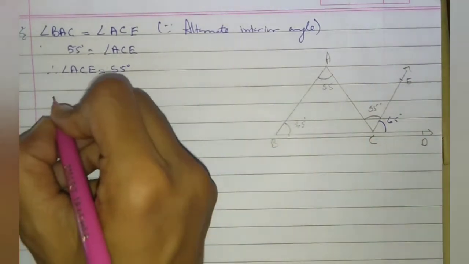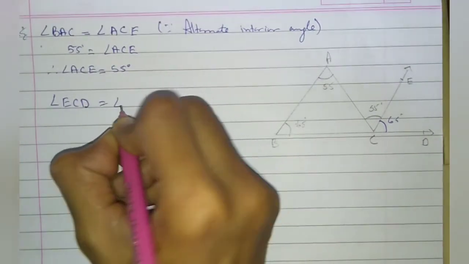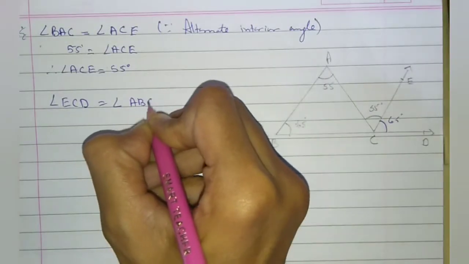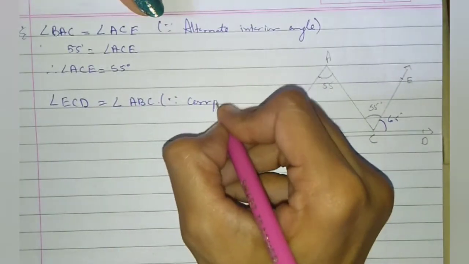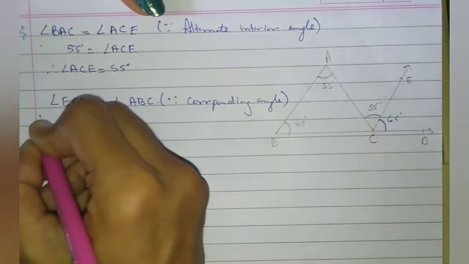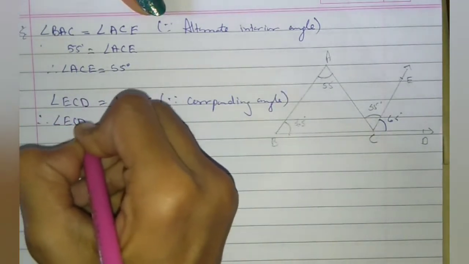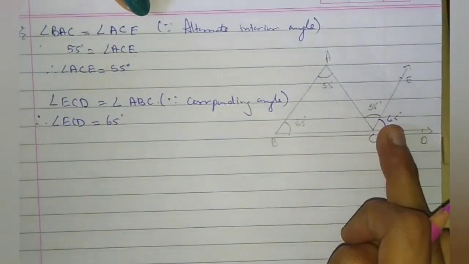So we can write that angle ECD equal to angle ABC, corresponding angle. Therefore angle ECD equal to 65. Now we have both the angles.